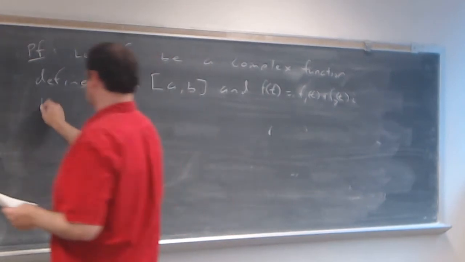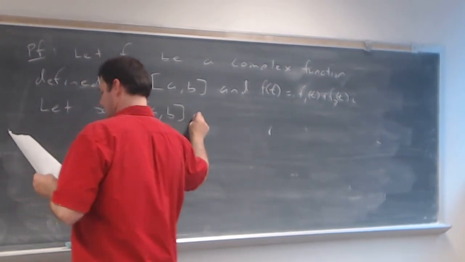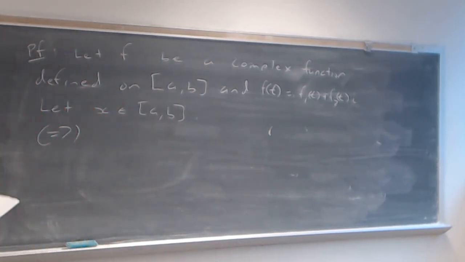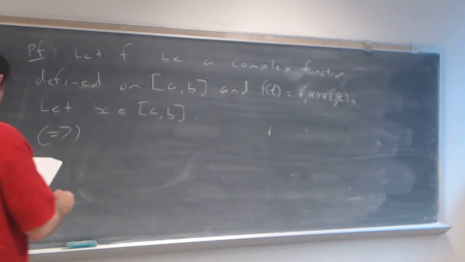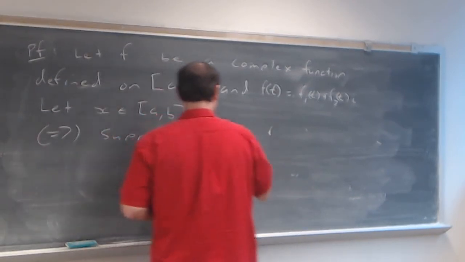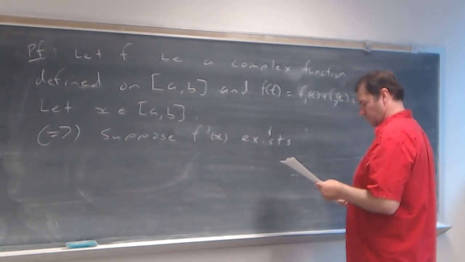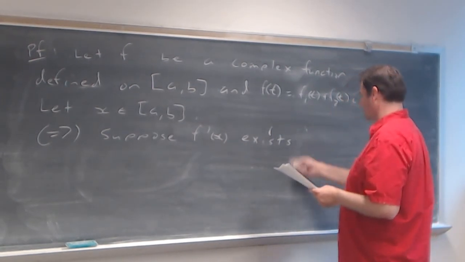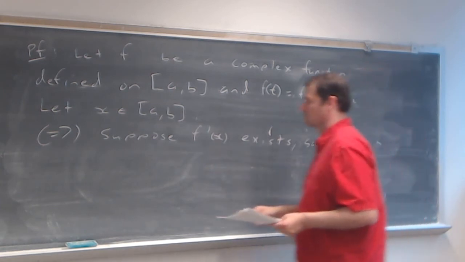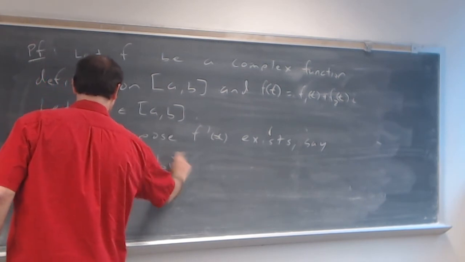We're going to let x be an element of the closed interval from a to b. And now we're ready to get started. We'll go in this direction first. So suppose that f prime of x exists. And since it exists, it's going to be equal to a complex number. Say f prime of x is equal to some number a plus bi.